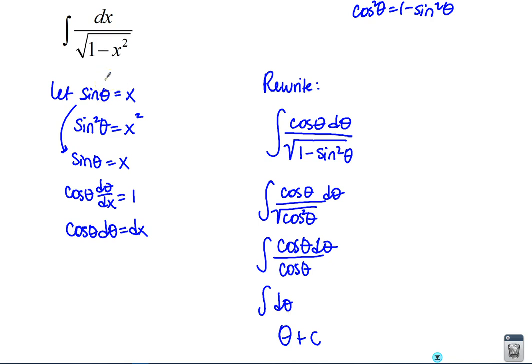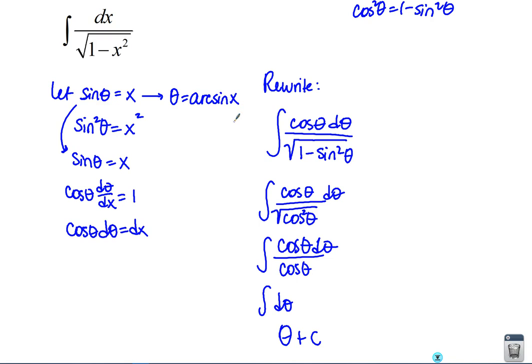So I'm going to go to this thing right here where I started. If the sine of theta is equal to x, how do you undo sine? What's the opposite function of sine? It's not cosine, guys. Don't say that, okay? If the sine of theta is equal to x, that means theta is equal to arc sine or sine inverse of x.